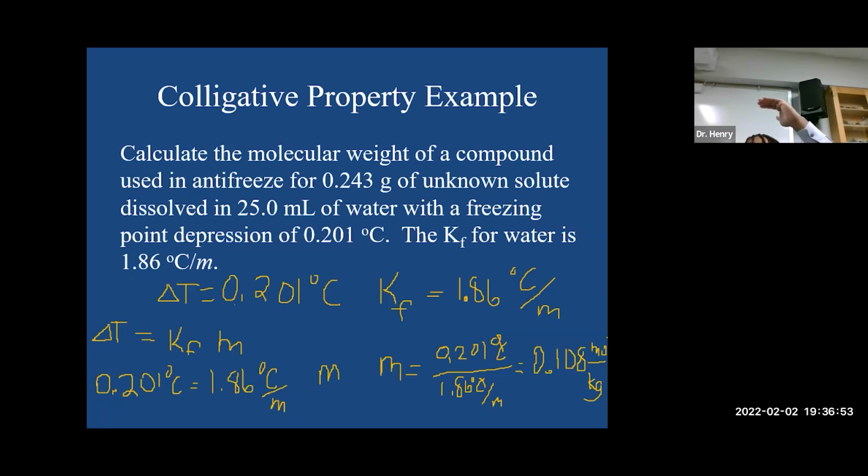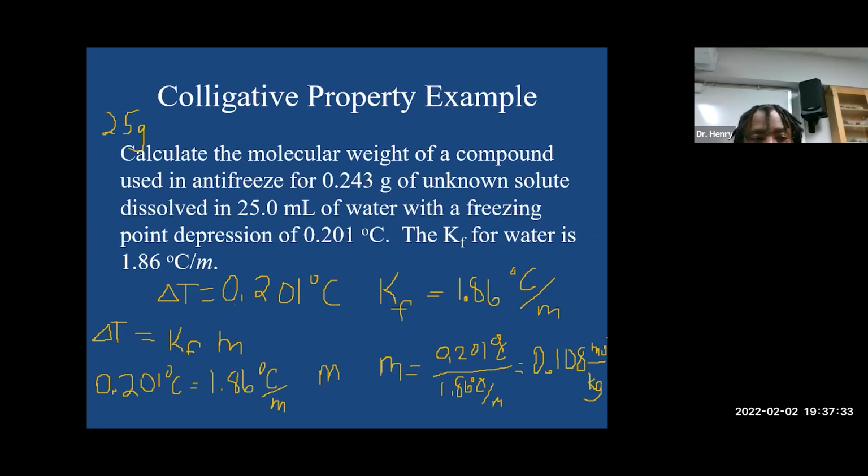Because isn't molality moles of solute over kilograms of water, or solvent, right? So how can I change my water into kilograms? The density of water is 1 gram per milliliter, right? So if we have 25 milliliters, then that means we have 25 grams of water, which we can convert to kilograms.